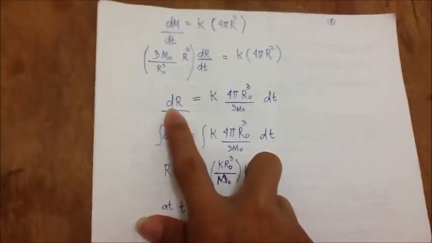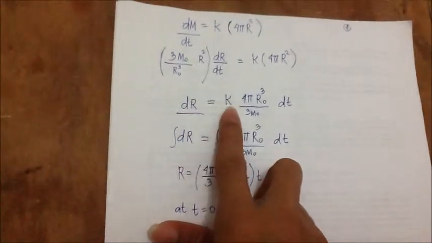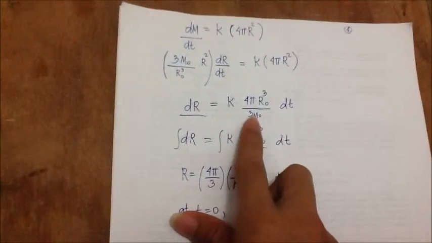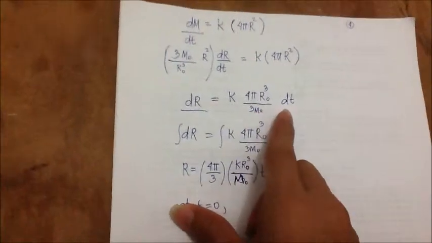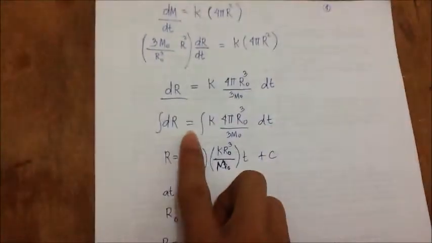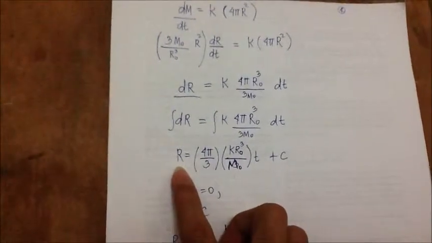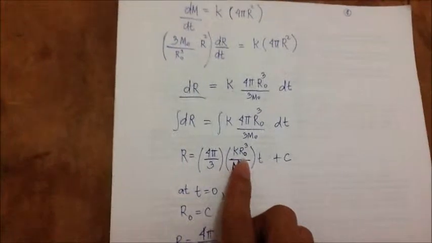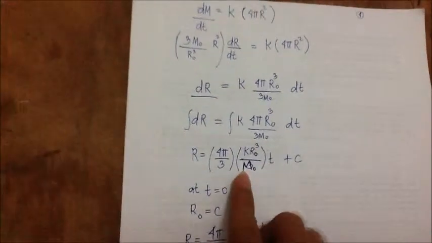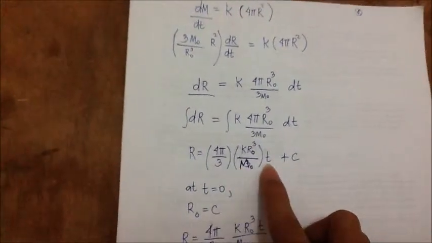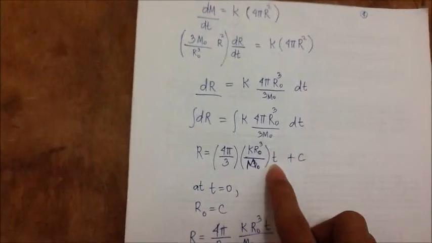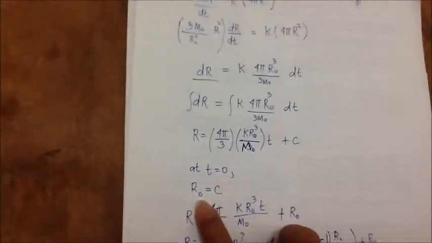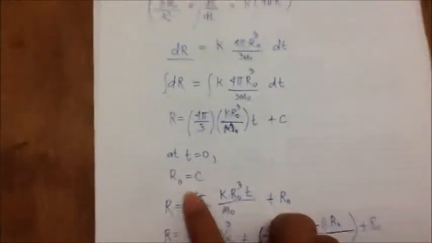So we get r dr is equal to k 4 pi r initial cubed over 3 m initial dt. Integrating both sides, we get r is equal to 4 pi over 3 times k r initial cubed over m times time plus C. So at time 0, we have r initial equals C.